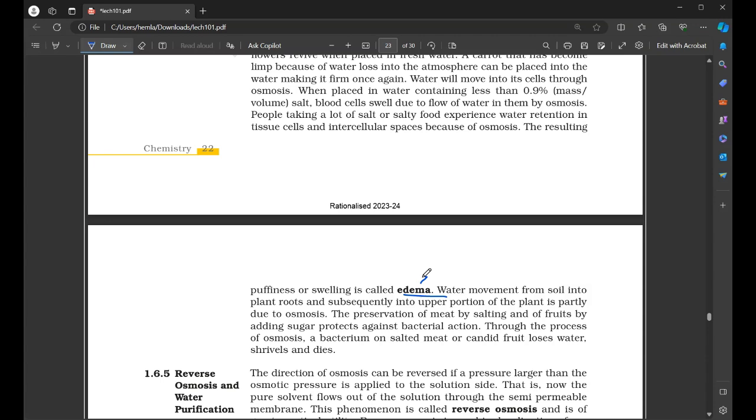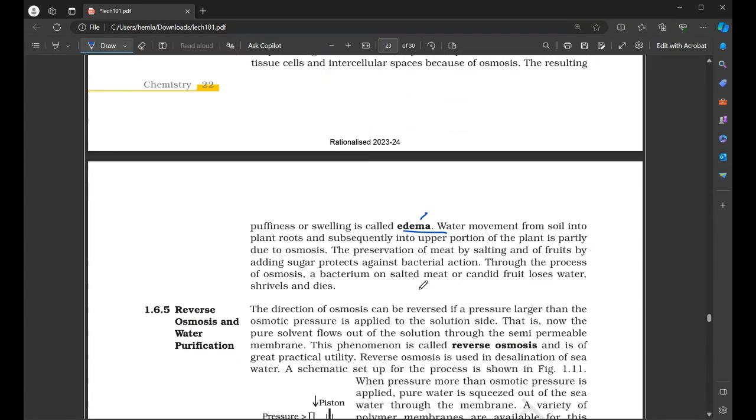So we have seen this earlier too. If you are making a vegetable, we add salt beforehand so that the vegetable releases its water and cooks itself instead of adding extra water.